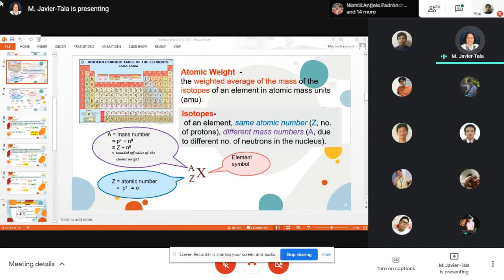Before, the basis of the atomic masses was relative to oxygen. But some scientists discovered that carbon is more stable compared with oxygen. That's why now those in your periodic table are based on the most stable isotope of carbon. The masses are relative to carbon.